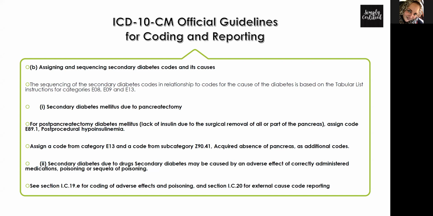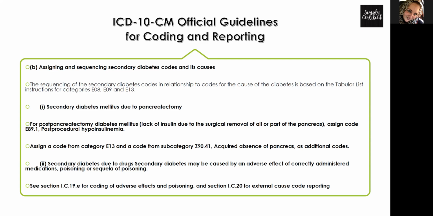So like I said, you wouldn't want to put a secondary diabetes category as a first listed diagnosis. The guidelines tell us how to do it, right? If we look at the guidelines, it gives us an example for post-pancreatectomy diabetes mellitus. This condition is a lack of insulin due to the surgical removal of either all of the pancreas or part of it.